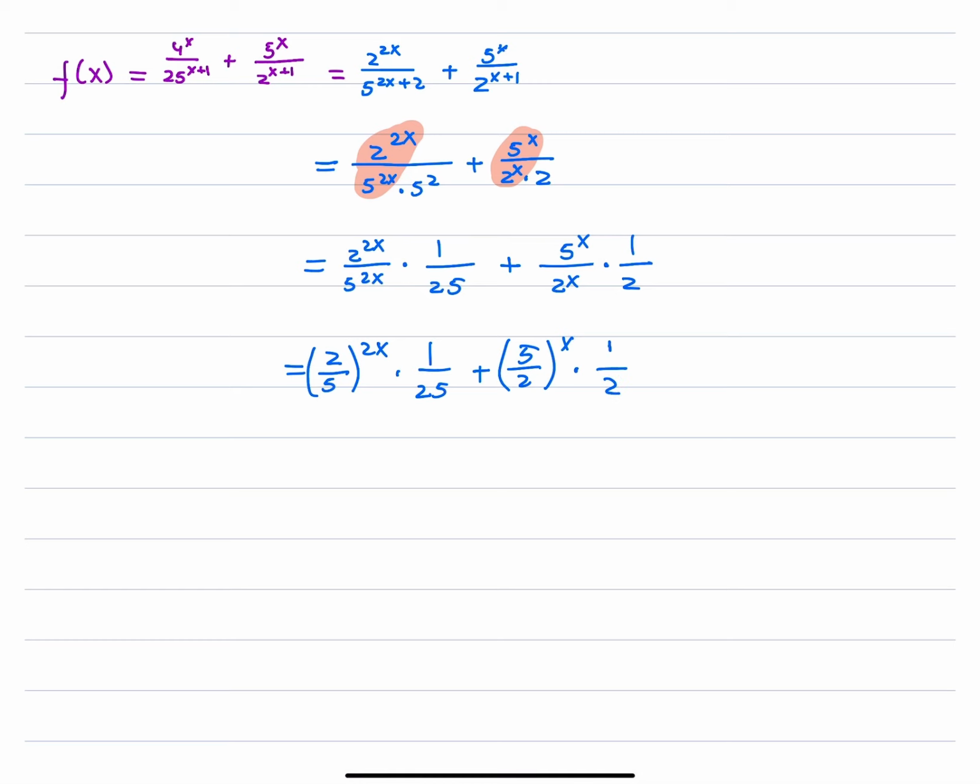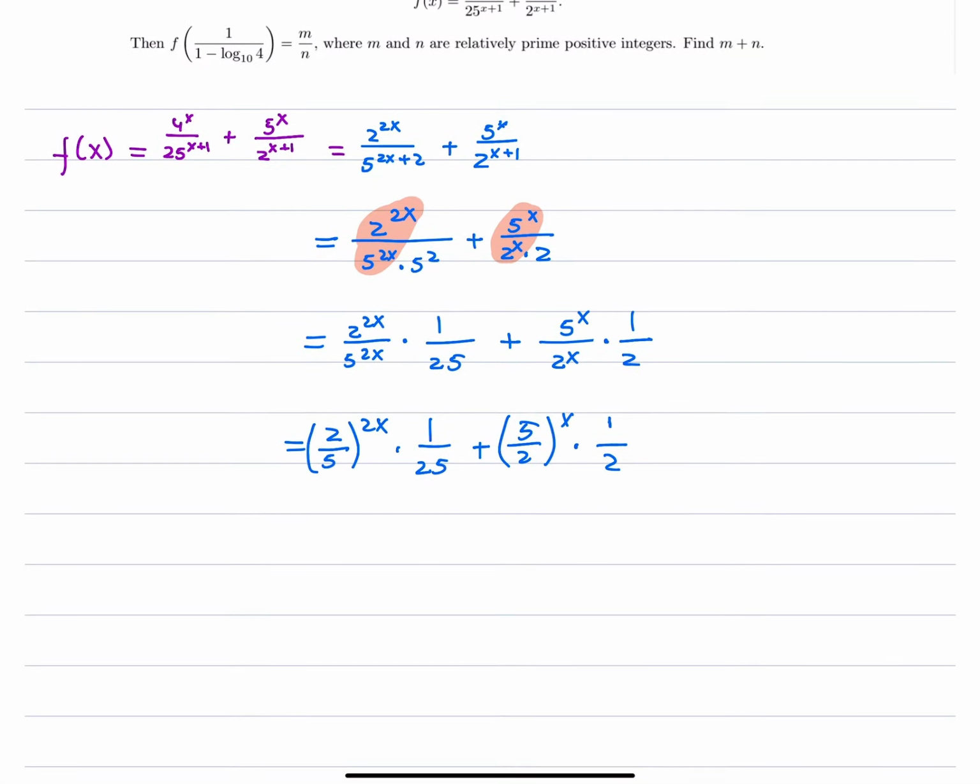So far so good. I think this is the last simplification form. I cannot simplify further than that. Actually I can, but it doesn't make sense, it's going to be complicated.